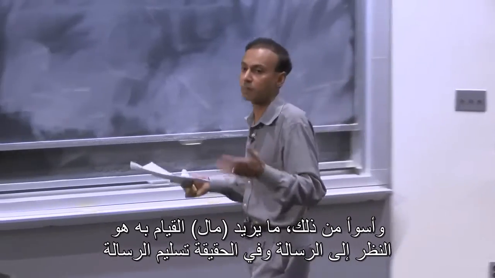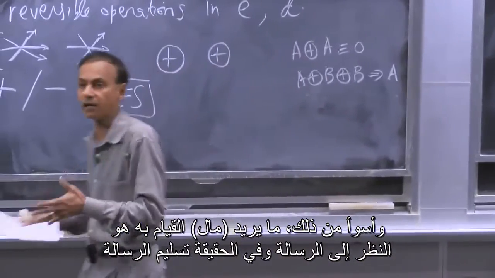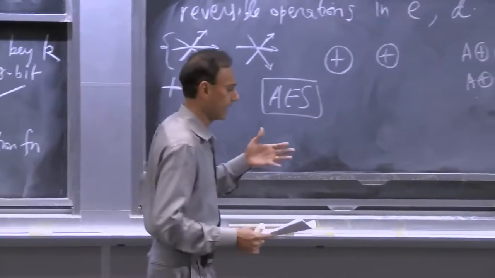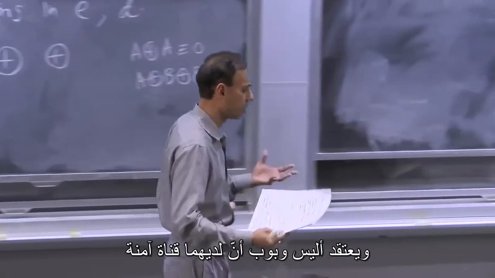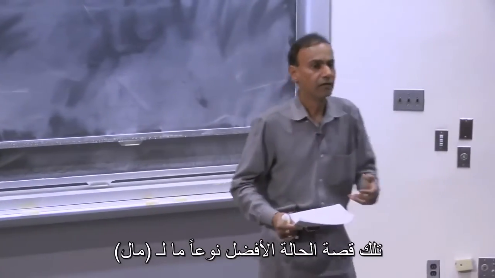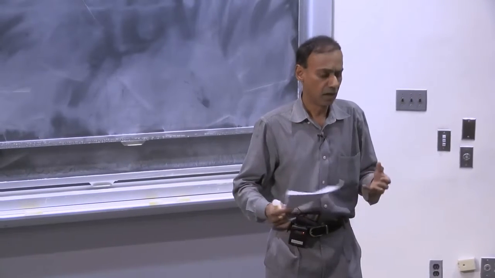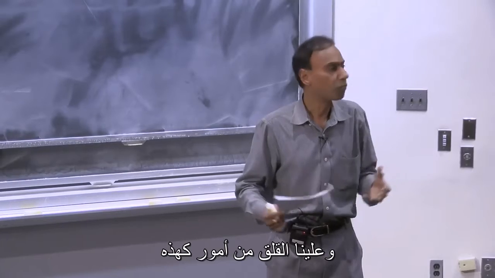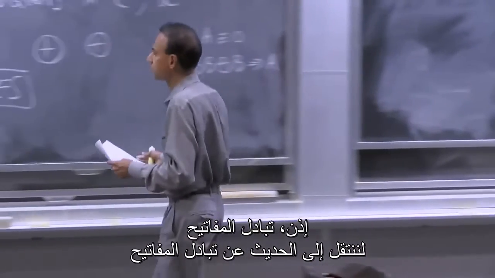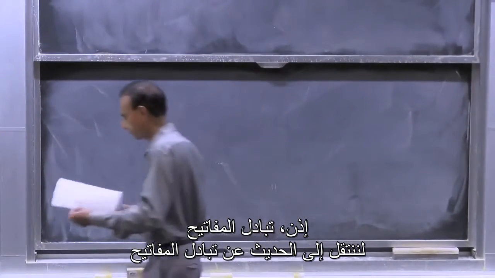And even worse, what Mal wants to do is look at the letter, actually deliver the letter, which is the best thing for him, and Alice and Bob think that they have a secure channel. That's sort of best case scenario for Mal, right? So you could have Mal in the middle here. And you got to worry about stuff like that, right? So key exchange. Let's move on to talk about key exchange.